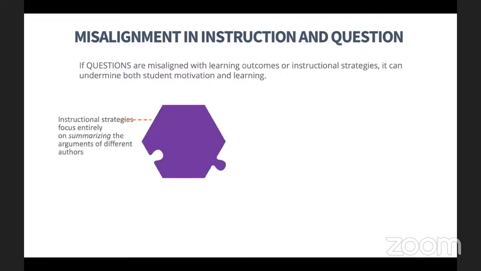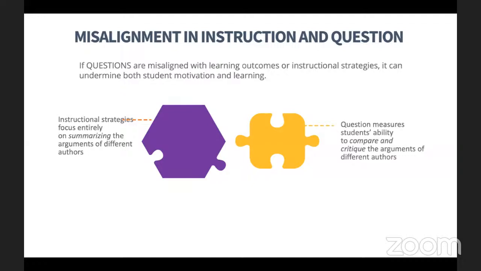Instruction strategies focus entirely on summarizing the arguments of different authors. So you as a teacher wanted to teach how to summarize the arguments of different authors, but the question actually measures the student's ability to compare and critique the arguments of the different authors. So what you taught and expected the students to achieve is being able to summarize something.